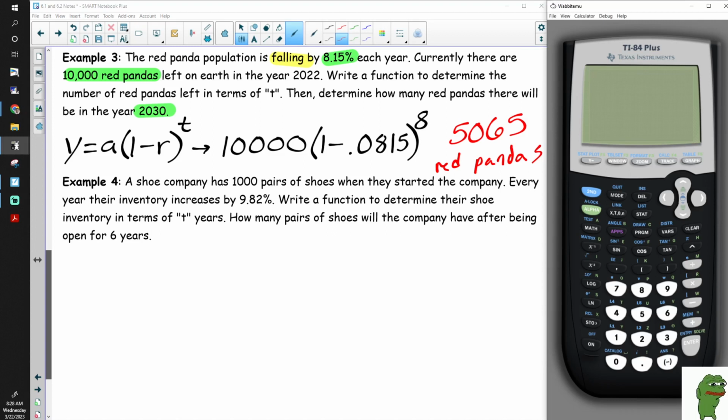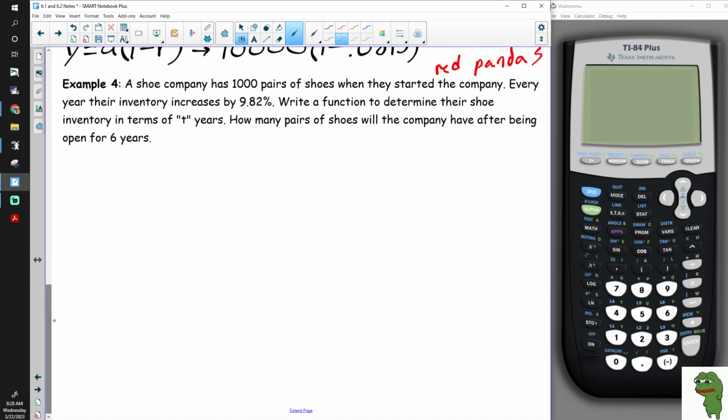They use exponential functions when they see a population of animals decreasing. They'll model its population by the rate at which it is decreasing, and this is one way they can help determine if an animal needs to be protected or if there's some type of action they need to take to stop the decay. So this is one way math is used to stop things like that from happening.